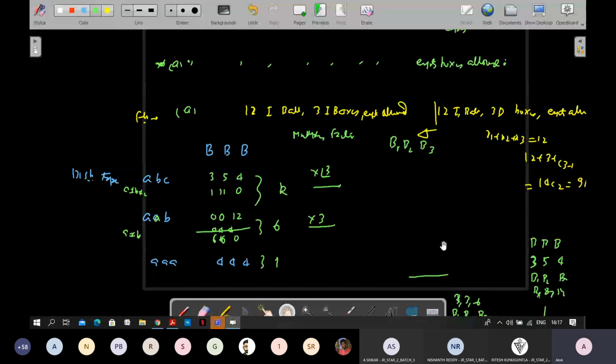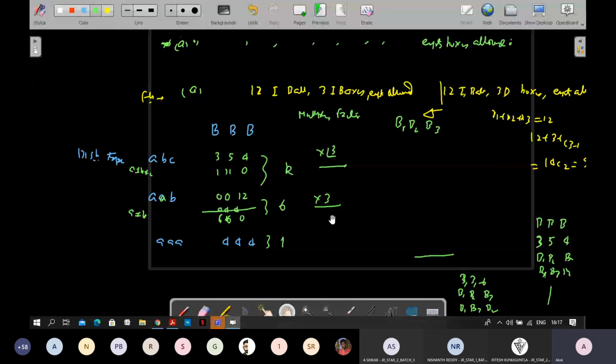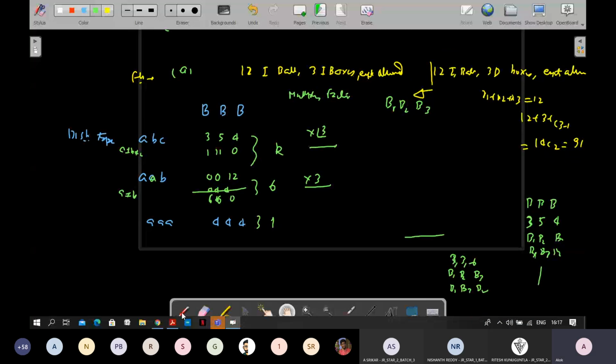So you can write here 3 only, because B1, B2, B3, and B1 again will come. So it means that only 3 ways, because 2 are identical. So 3 ways. So this number becomes 18. This number becomes 6k. This is 1 is just into 1 only. This number becomes 1. So total becomes 6k plus 19.